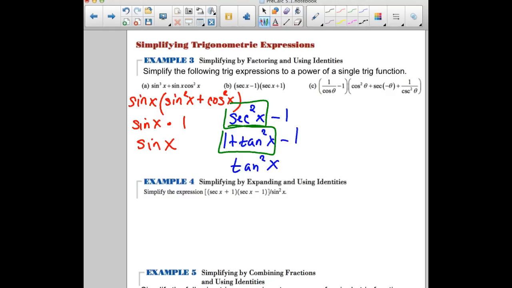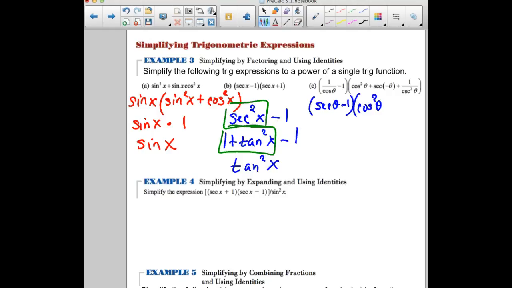Example C. We have 1 over cosine, which is really just secant. So this is secant theta minus 1. Looking at our second parenthesis, we have cosine squared. And let's look at that secant of negative theta. We don't want two different types of angles. If we have one being a positive theta, we want them all to be that way.